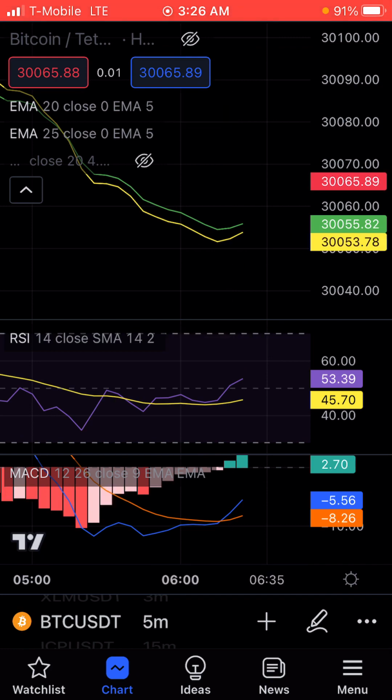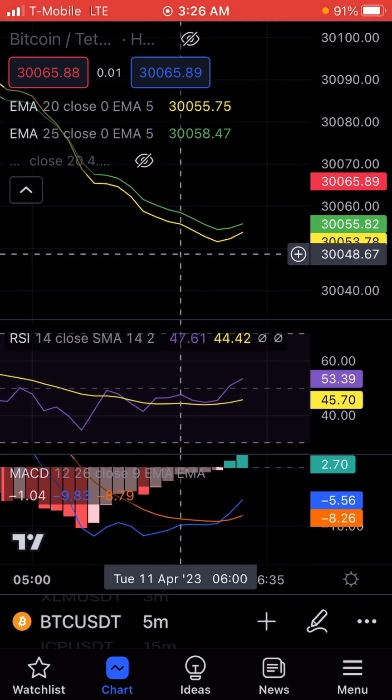I think it's going to try and go back up, but eventually it's just going to go down. The signals for going back up, I think yesterday was the run to 30K. I personally think Bitcoin is going to be going down, because I don't think it's going to hold the 30,000 mark. But anyway, that's the strategy.